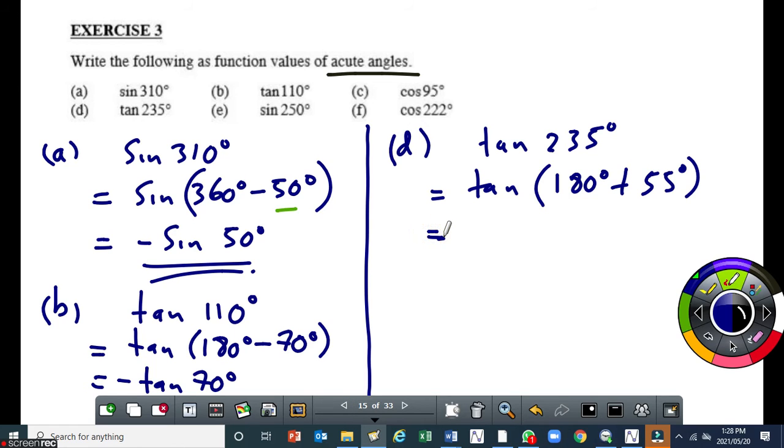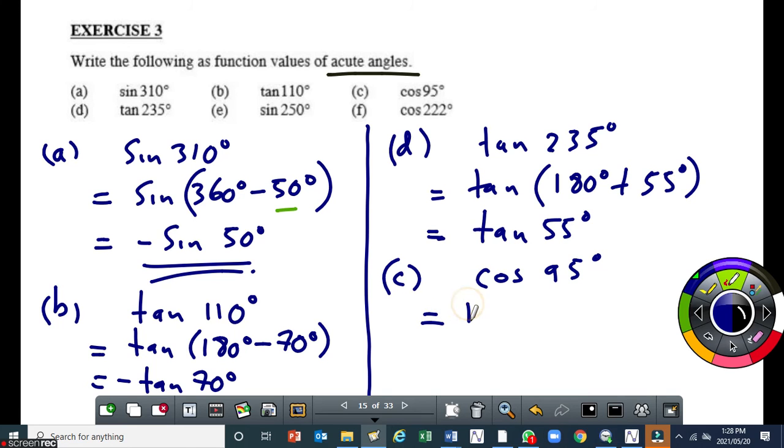Alright, so from here, this 55 degrees is like the theta, so it becomes tan 55 degrees. Then C is cos 95 degrees. 95 degrees is in which quadrant? The second quadrant. Which angle can we subtract from 180 to get 95 degrees? 85.